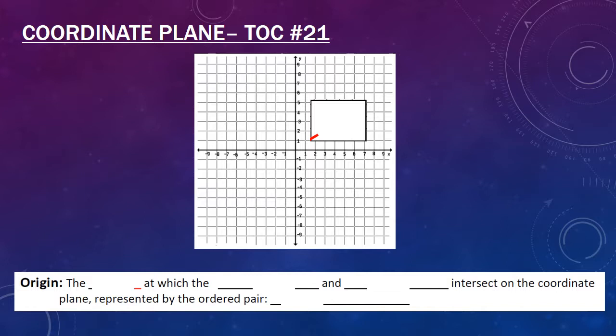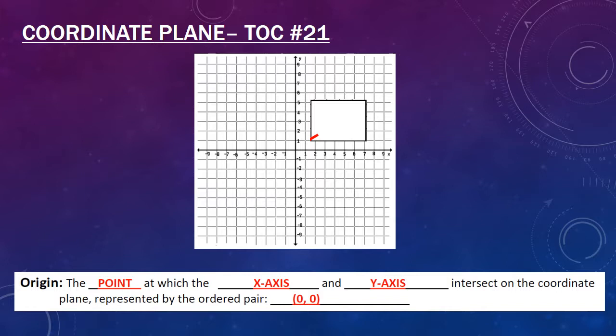All right. So the origin is another word that you have to know. And you think of what the word origin means. It is the beginning. It's where you start. So the origin is the point at which the x-axis and the y-axis intersect, and it is represented by the ordered pair 0, 0, because it is 0 on the x-axis and it's 0 on the y-axis.